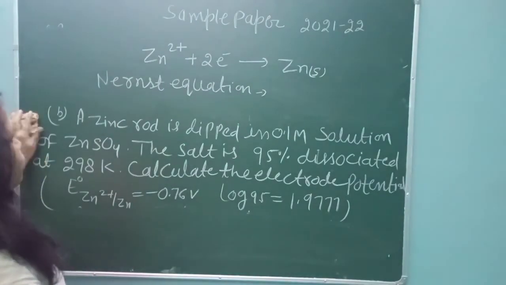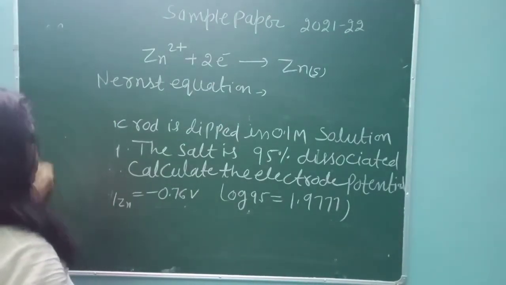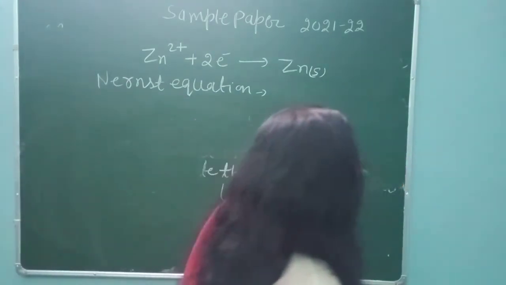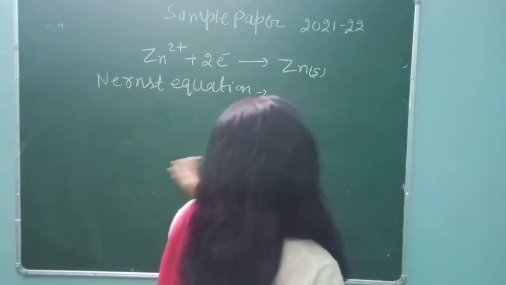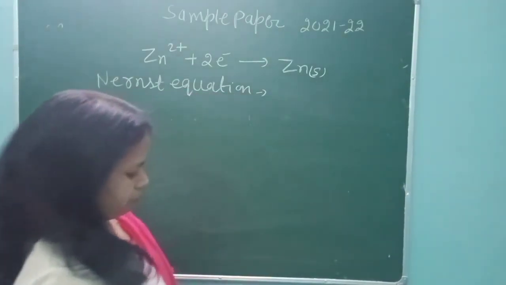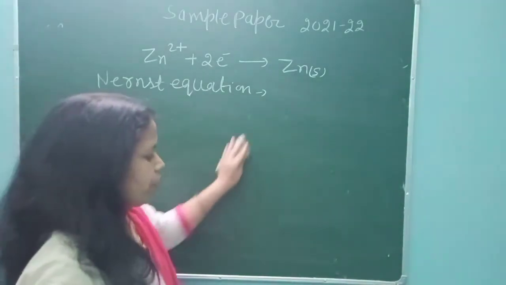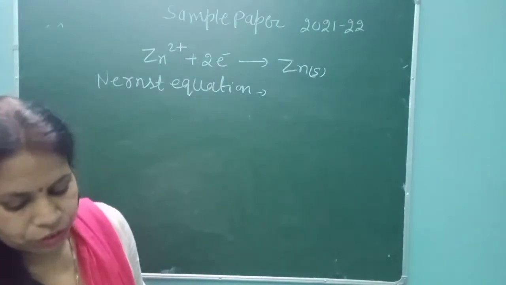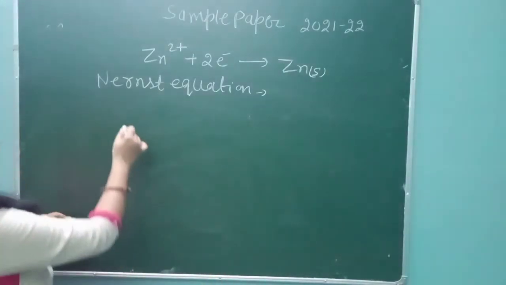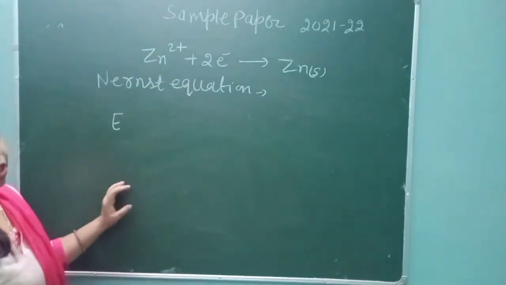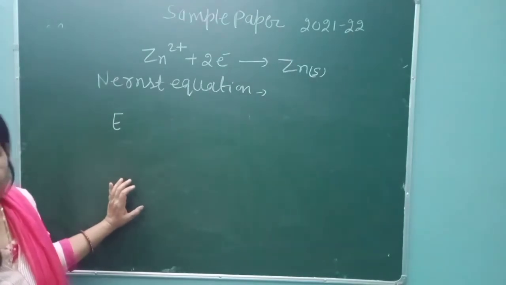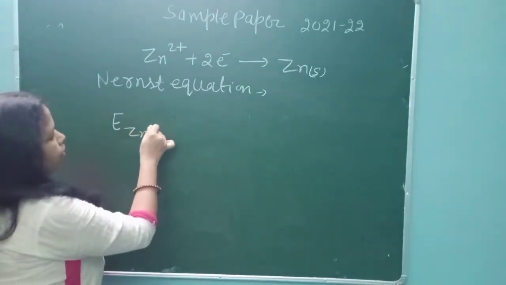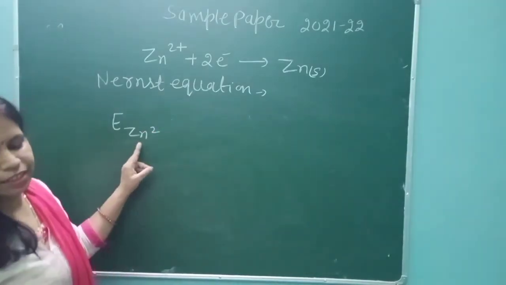First of all, write down the Nernst equation for this. Nernst is the name of the scientist. He found the electrode potential at any concentration. So we have to calculate the electrode potential for zinc. You can write cell here also.